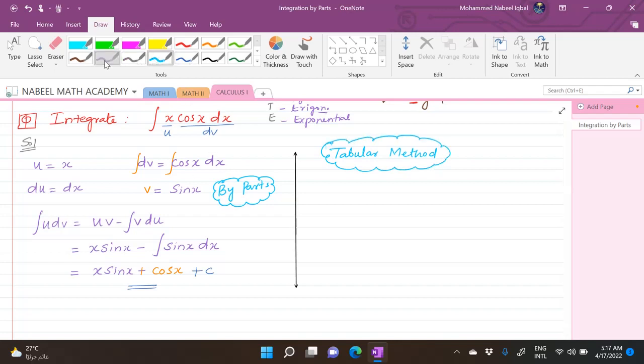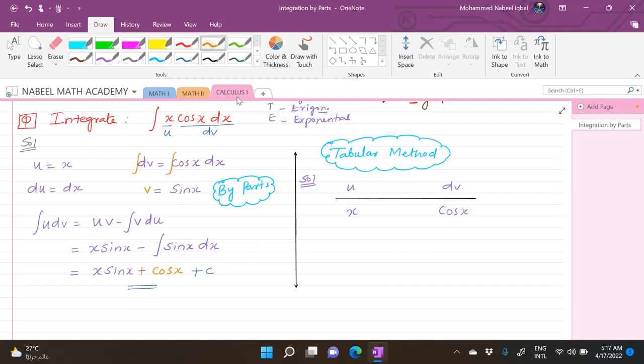Here also the same thing: I take u and this is dv. What is u here? The u is nothing but my x. And what is dv? dv is cosine x.